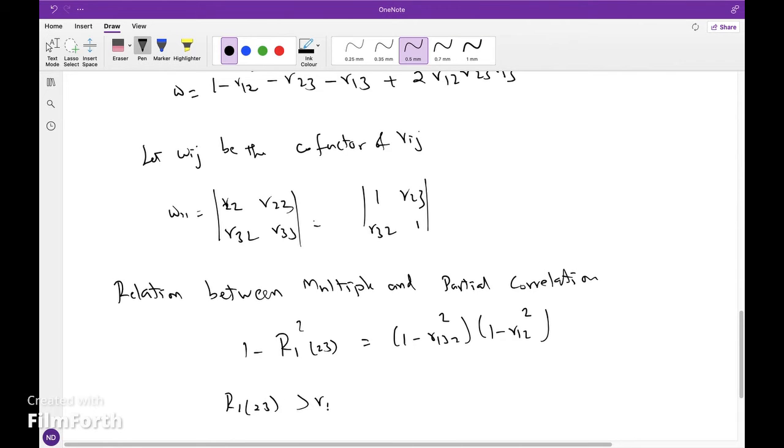Also R1.23 is greater than r13.2, and R1.23 is greater than r12.